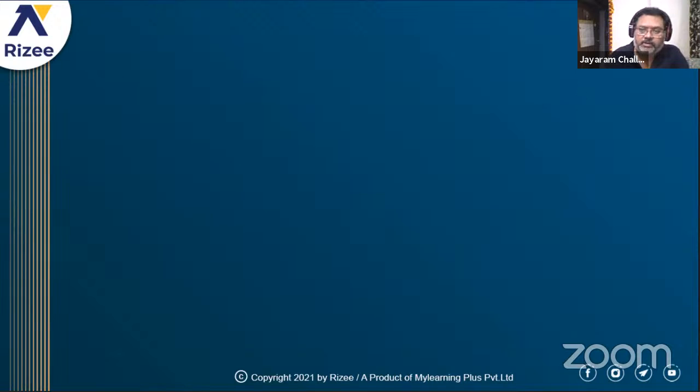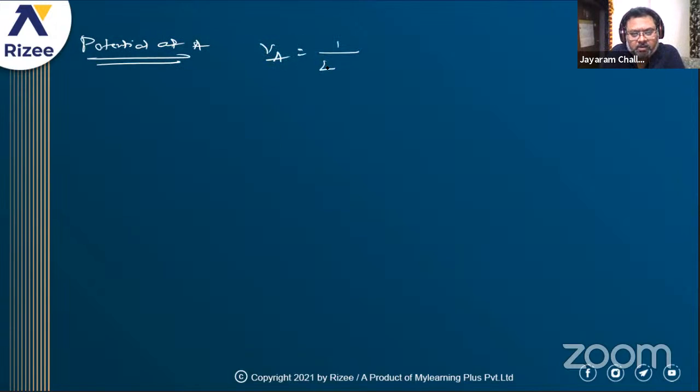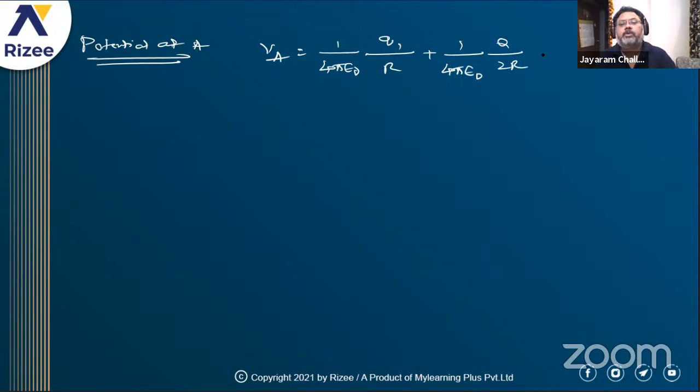Now coming to this one, circuits. Now I'm going for the potential at A. The potential at A is caused because of all the three shells. So VA can be written as 1 by 4 pi epsilon naught. First I go for the inner one, that is A only, at a distance of R, plus the second potential is because of B, which has a positive charge Q and is at a distance of 2R.